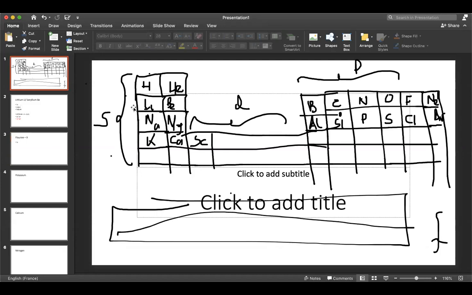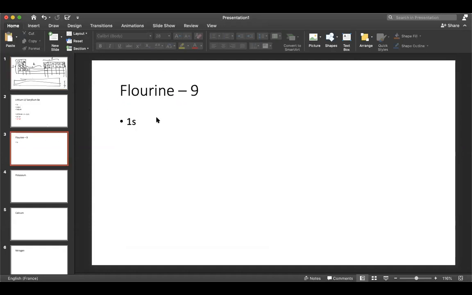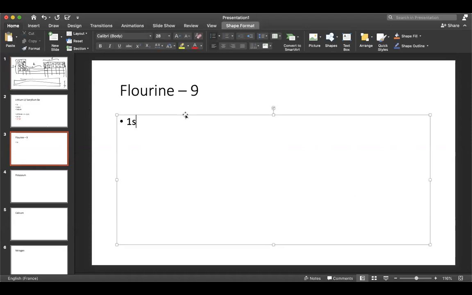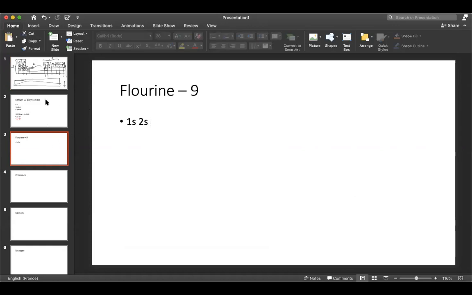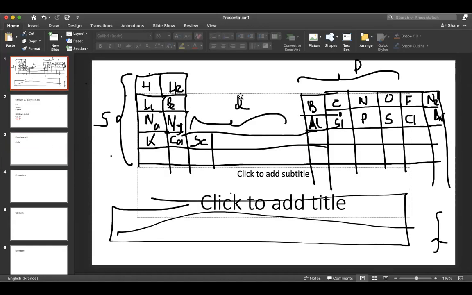Now in the second period, we have period number 2. Before we forget about period number 2 from the S, we also have period number 2 on the P. So period number 2 goes to the P as well.